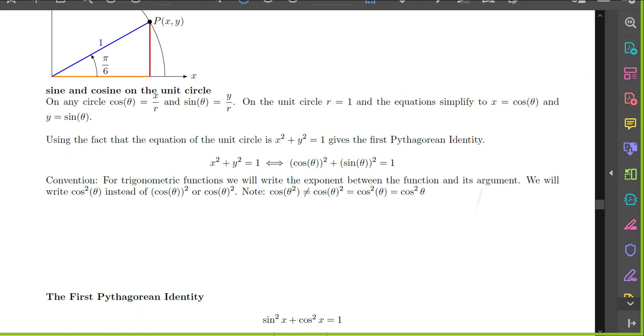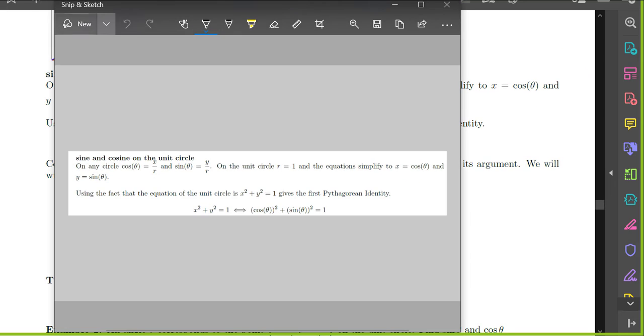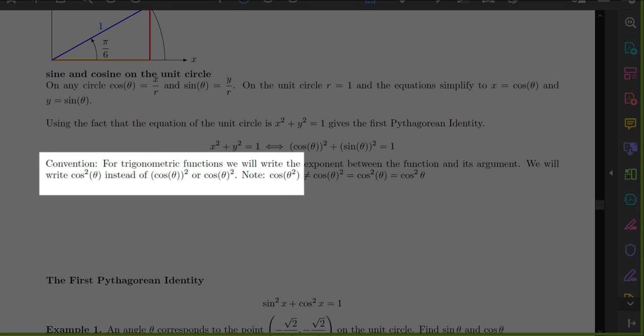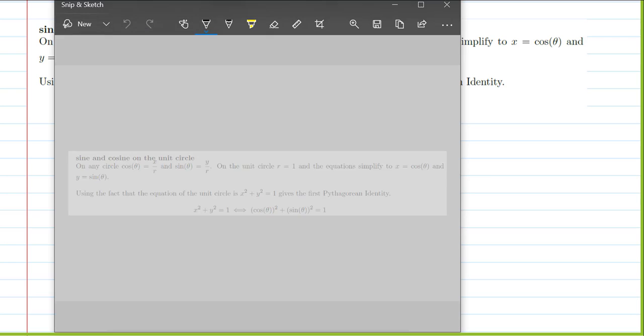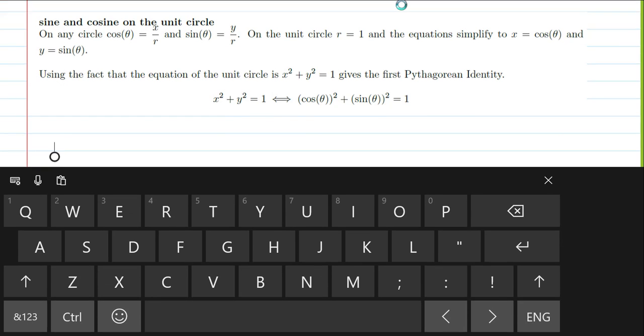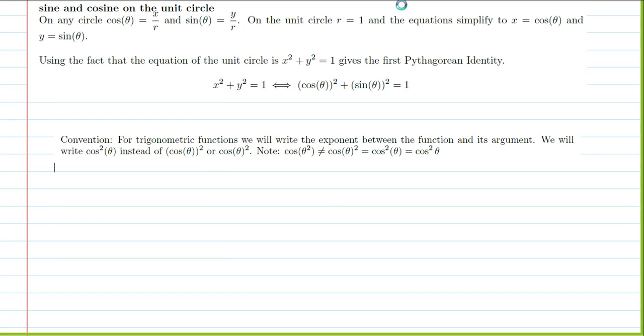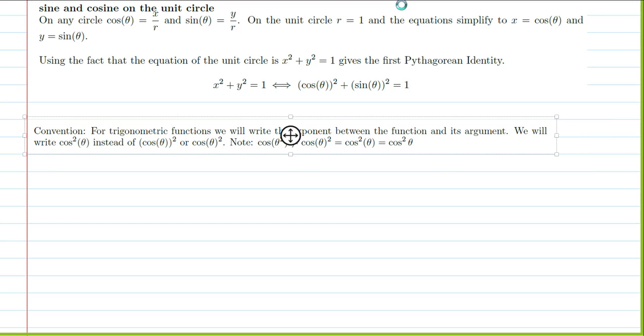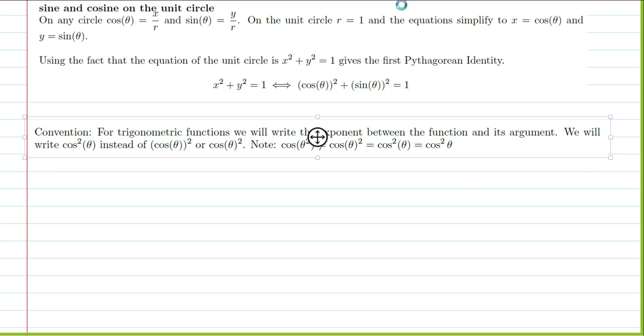And this brings us to our next convention, which is for trigonometric functions, we're going to write our exponents in a slightly different location. So for trigonometric functions, we will write the exponent between the function and its argument.